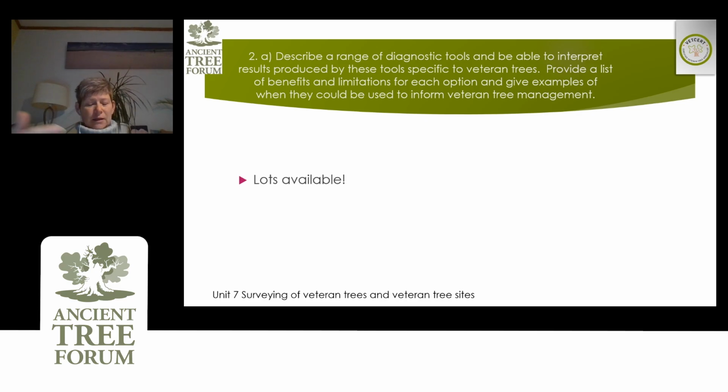And once again, many of these tools are fantastic, but they can potentially, if used wrongly, result in catastrophic management for veteran trees. And we would expect you to be able to describe pros and cons for a range of diagnostic tools, and also give examples of where they can be used to inform veteran tree management, but where they also have their limitations.